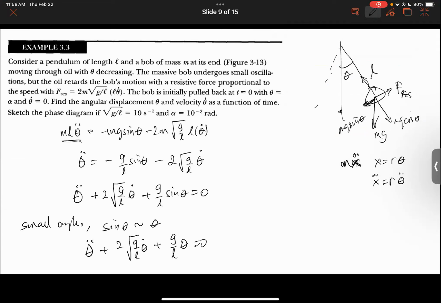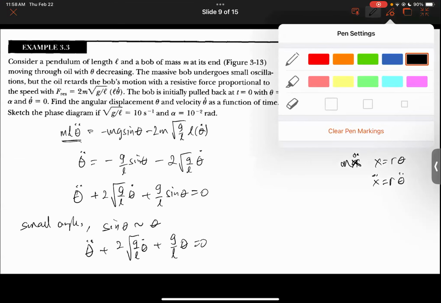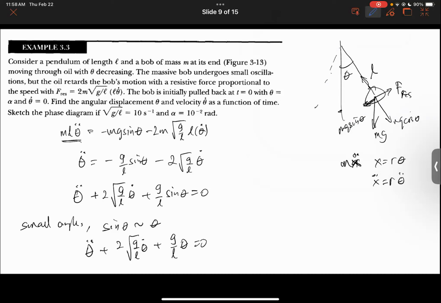Now we can compare this to our differential equation from earlier, for one-dimensional motion with damping. This becomes omega naught squared and this term becomes beta.